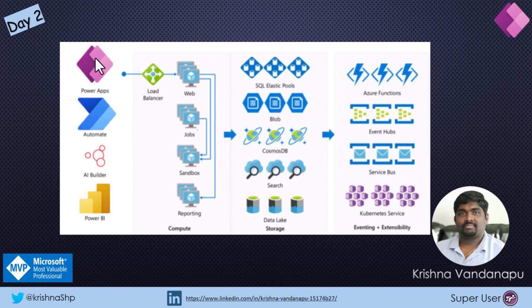They use the URL or application link, and as and when they launch that, it first goes to the load balancer. The load balancer sits on top of IIS, Internet Information Services, which hosts the load balancer.